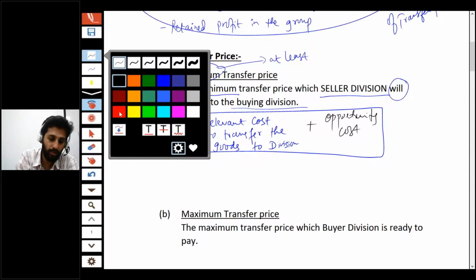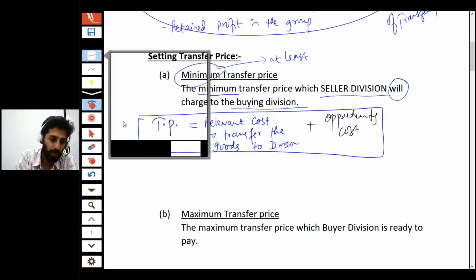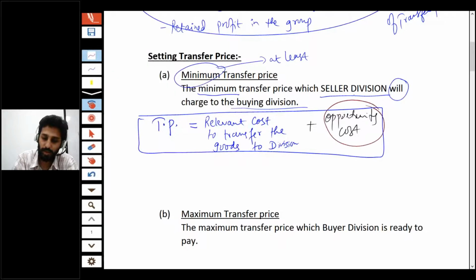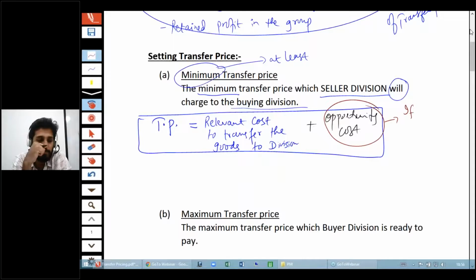Opportunity cost is actually if a big if. Let's imagine, the basic is too much important for this transfer pricing, right? Let's say I am coming at your doorstep. Treat me as a customer, all right? No matter that I belong to the same group, you should treat me as a customer.